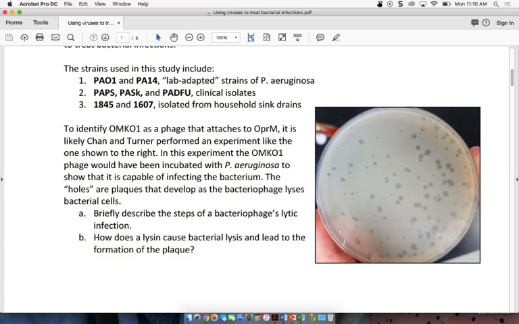If we were to take, for example, a toothpick and just pick this plaque here, what we'd find is that there are probably millions of bacteriophage within each of these spots. Okay? And each of these spots then represents an individual phage that's replicated and infected those cells.